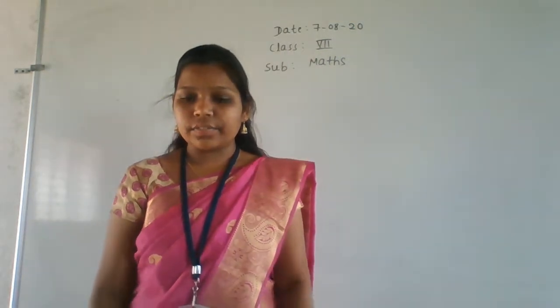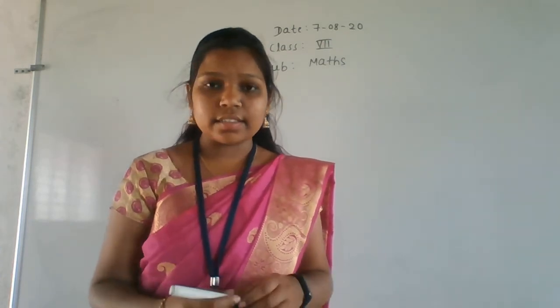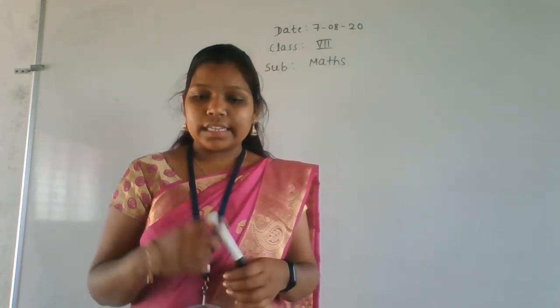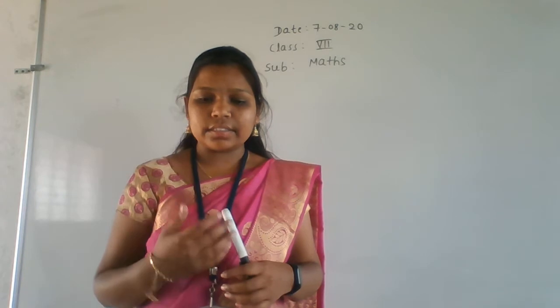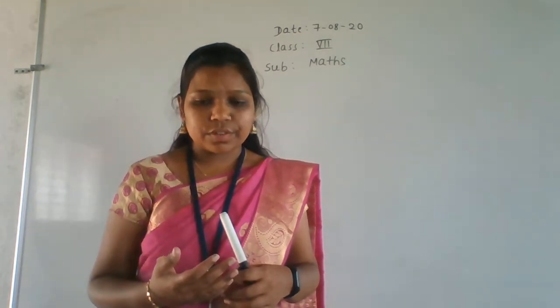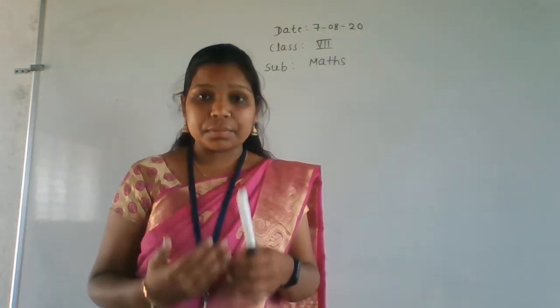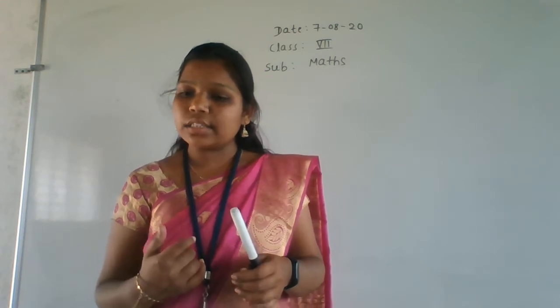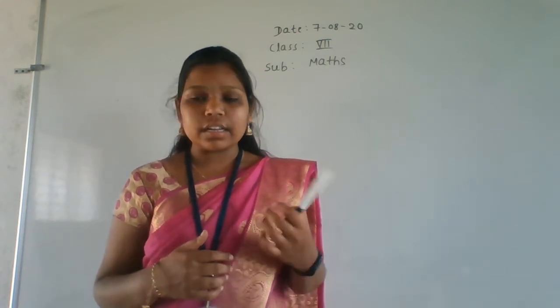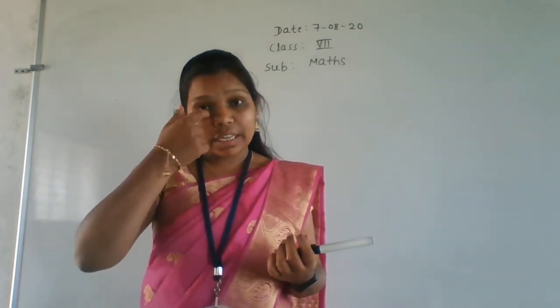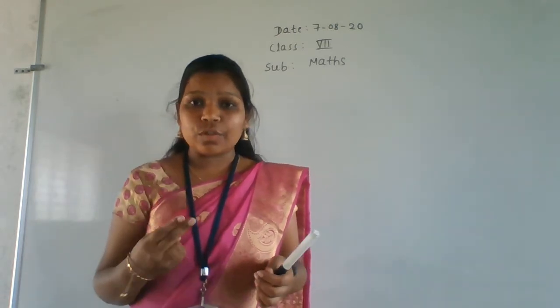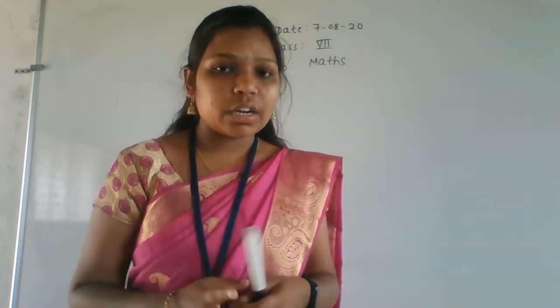Children, today we'll solve exercise number 1.1. In the last class, what did we study? We studied the addition properties of integers as well as the subtraction properties of integers. Only two properties hold good for subtraction. Which are those?